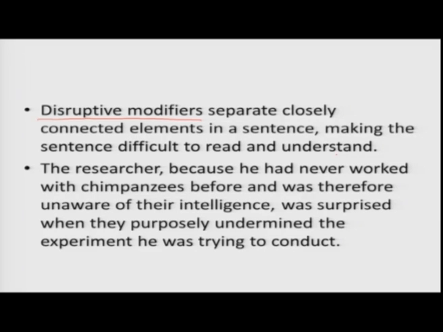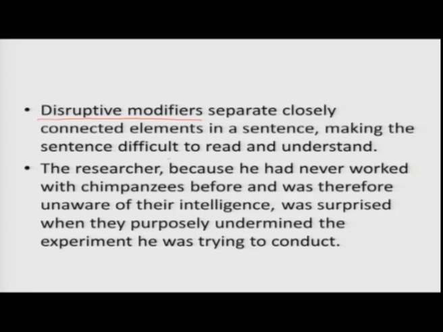Look at the example. The researcher, because he had never worked with chimpanzees before and was therefore unaware of their intelligence, was surprised when they purposely undermined the experiment he was trying to conduct.